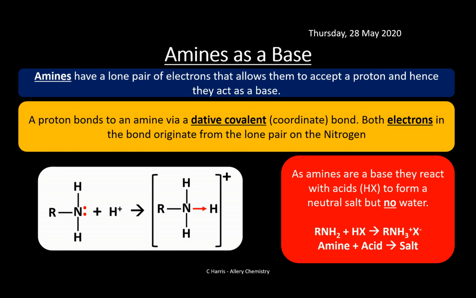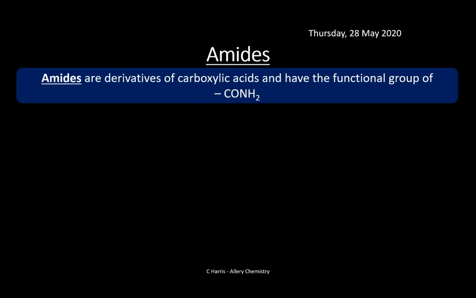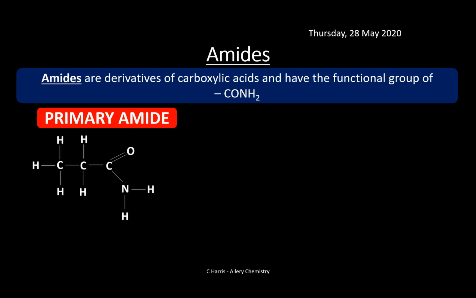Okay, so as a derivative, you can also get amides as well. So amides are kind of similar to amines, but I don't want you to get confused with them. Because remember what I said before, an amide has a carbonyl group right next door to your NH2 group. And there are 2 types of amides that you need to know. One is a primary amide, which looks like this.